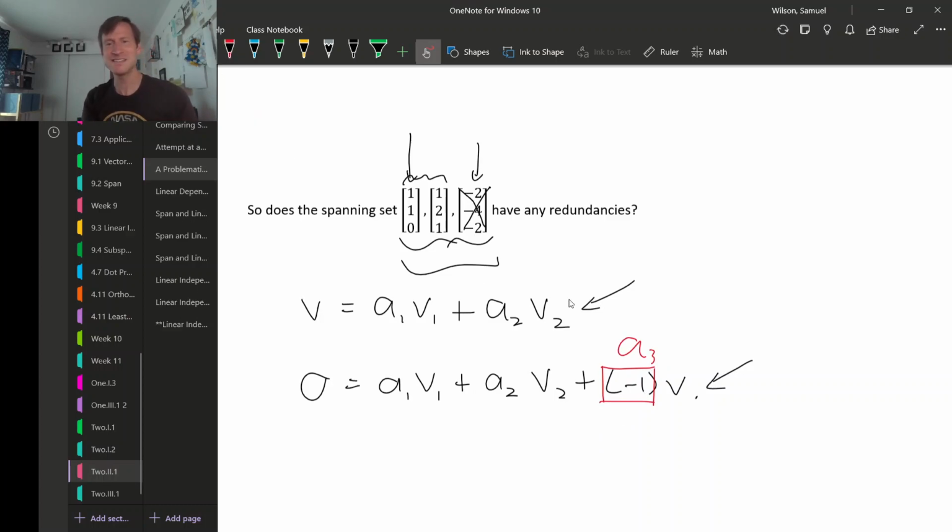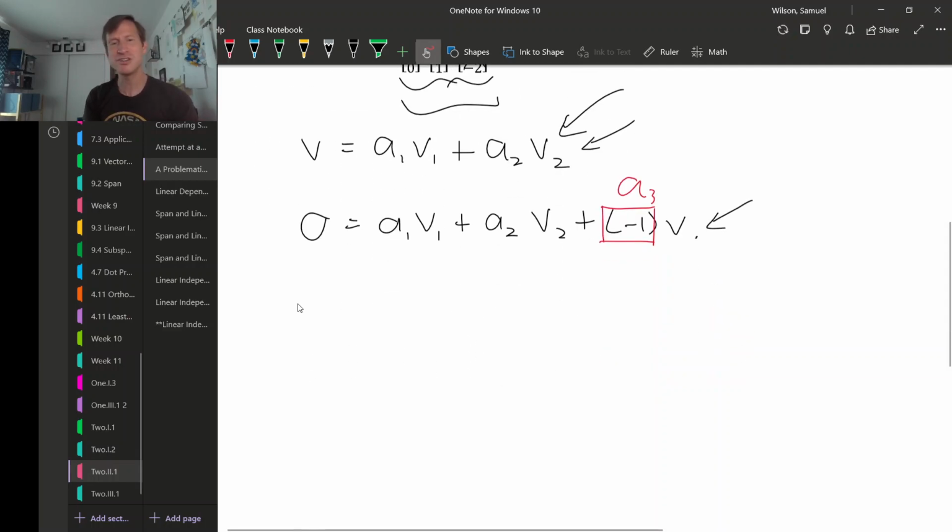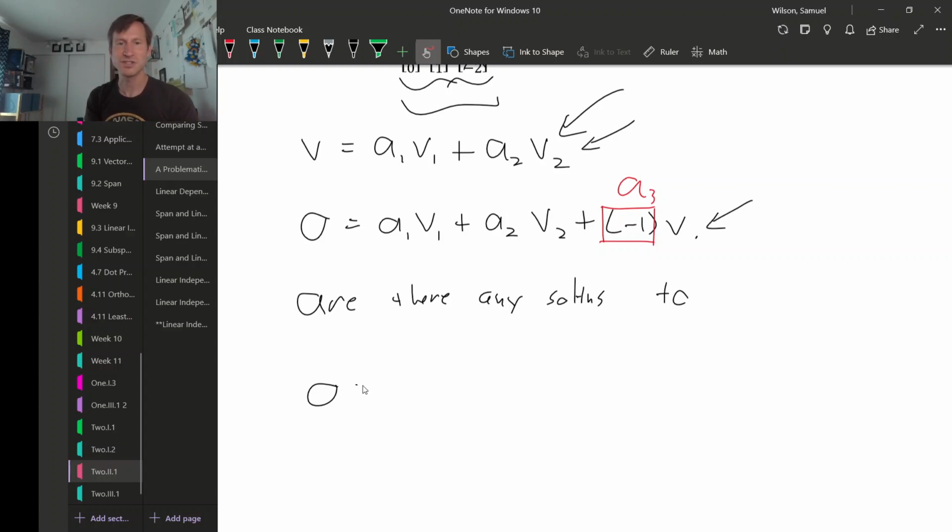Right. So instead of asking if there are any solutions to this equation where v is playing a special role, maybe what we could do is ask, are there any solutions to this equation. 0 equals a1 v1 plus a2 v2 plus a3 v.